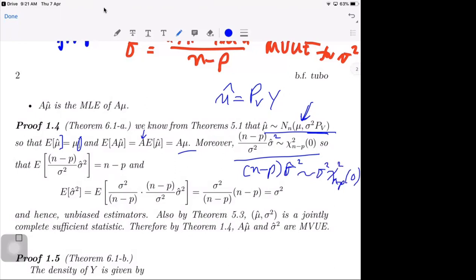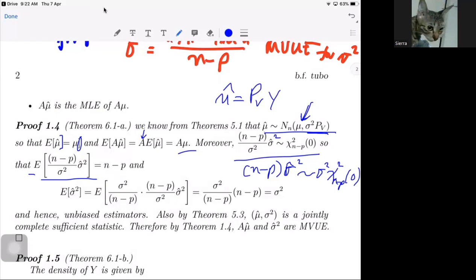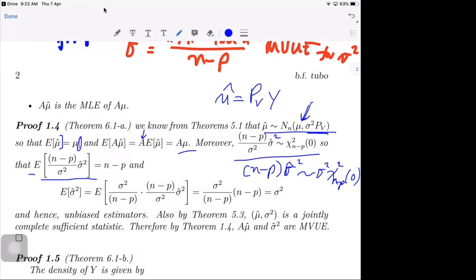So that you can show that the expectation of (n minus p) over sigma squared times sigma hat squared is just equal to n minus p.